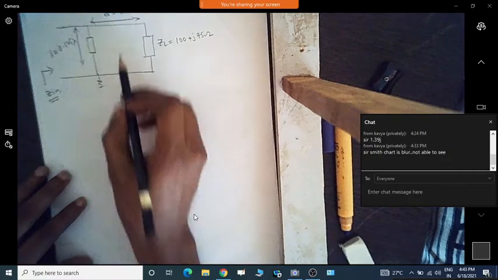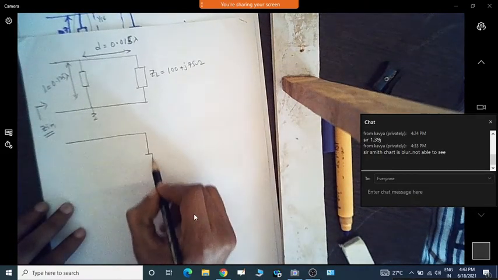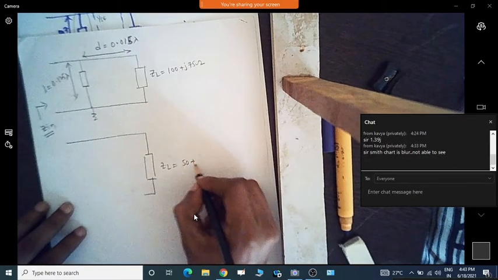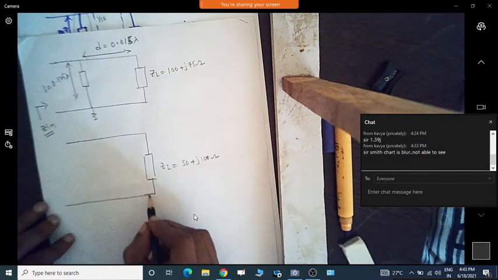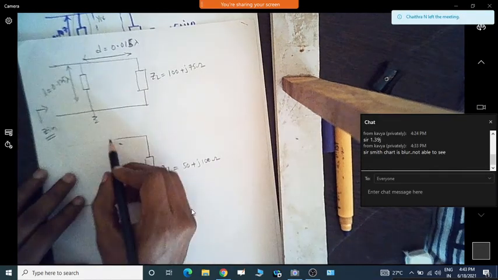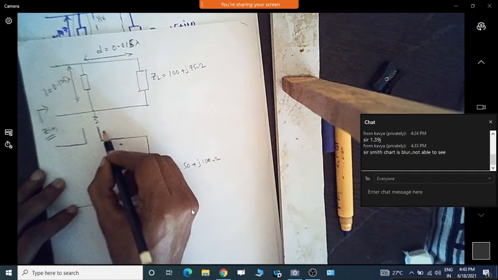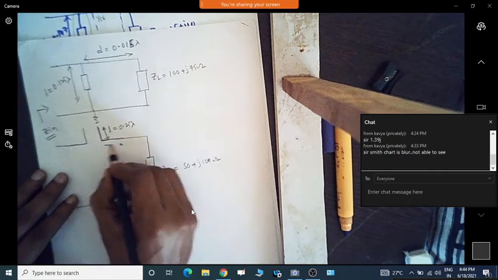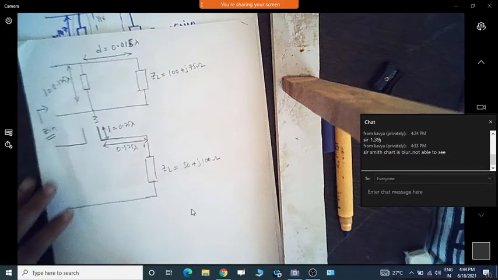So this is one type of problem. You try to do this one. And one more problem: take ZL equal to 50 plus J100 ohm, and here you can put a series open stub with length equal to 0.25 lambda and distance equal to 0.125 lambda.